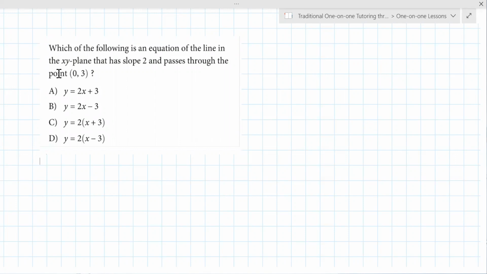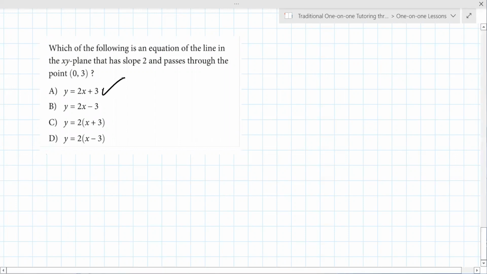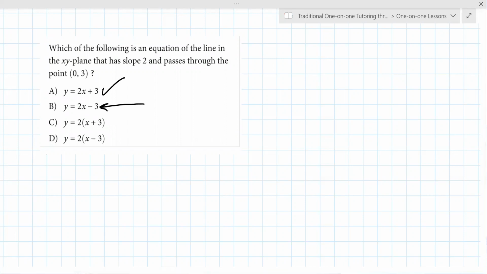Is it letter A? Yes. So what would be different about letter B? It's negative. It's going through -3.